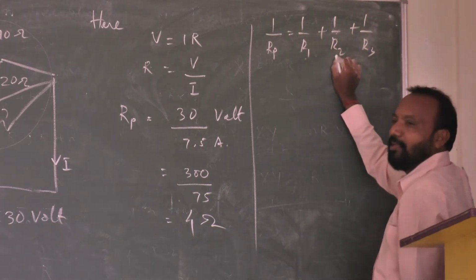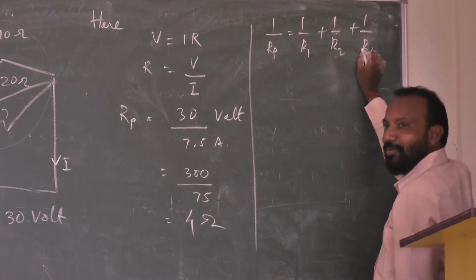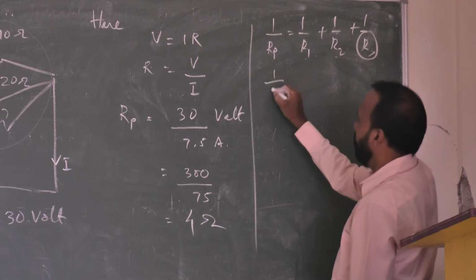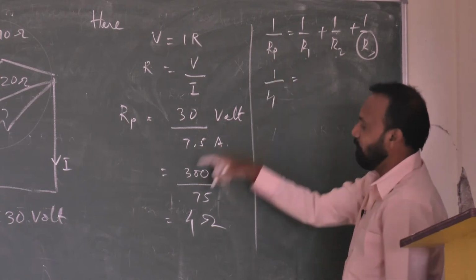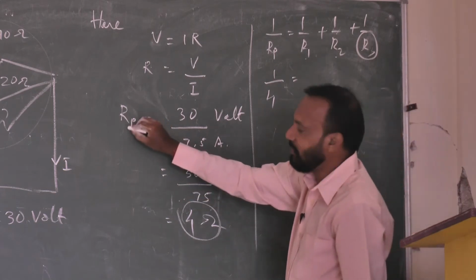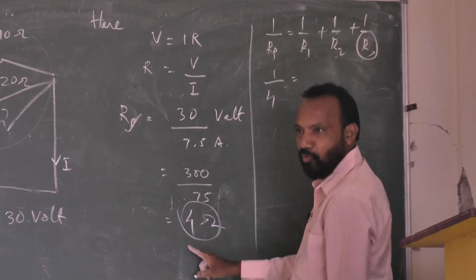R1 is given, R2 is given, and R3 you have to calculate; this is unknown. So 1 by Rp, with Rp equal to 4 ohm, the effective resistance of the whole parallel combination I have already got.